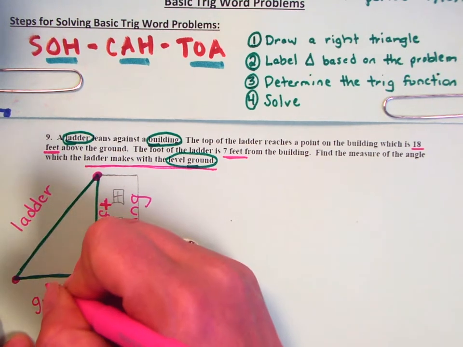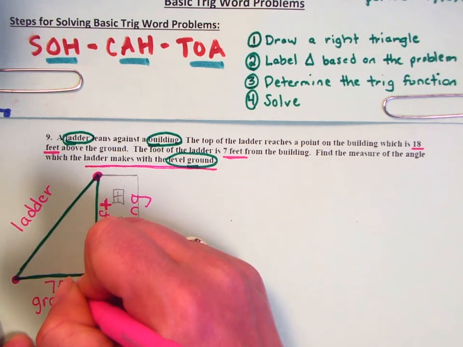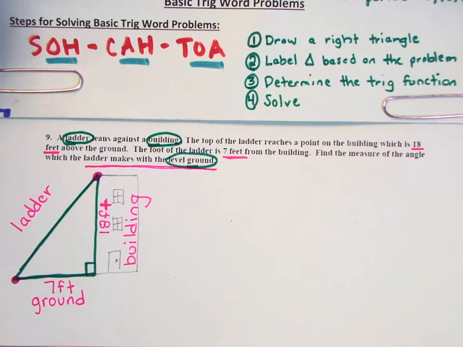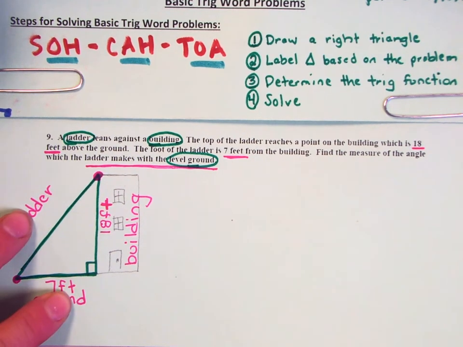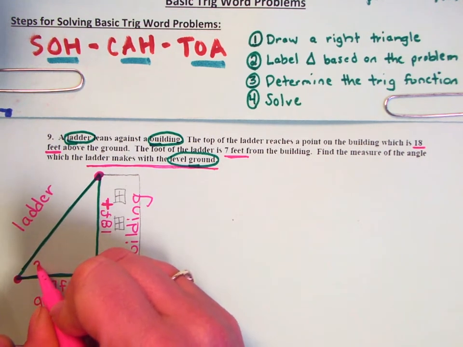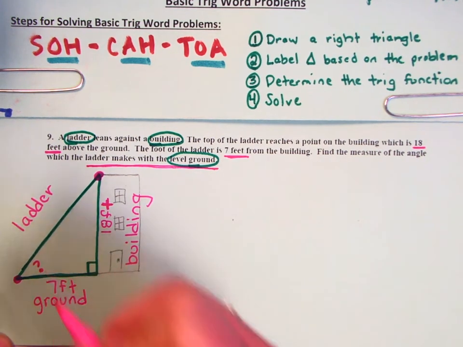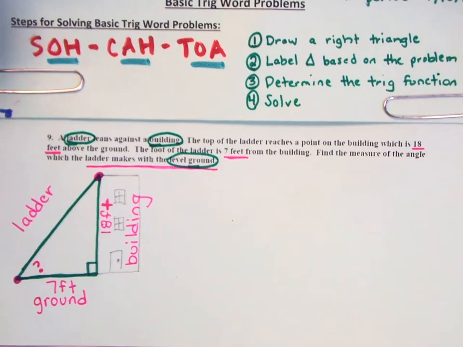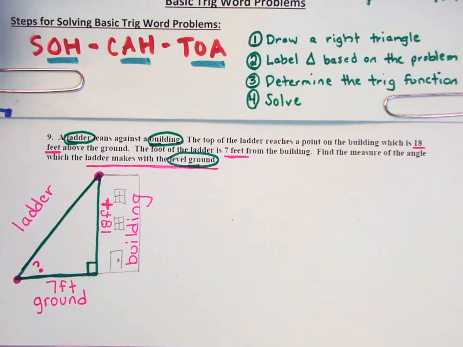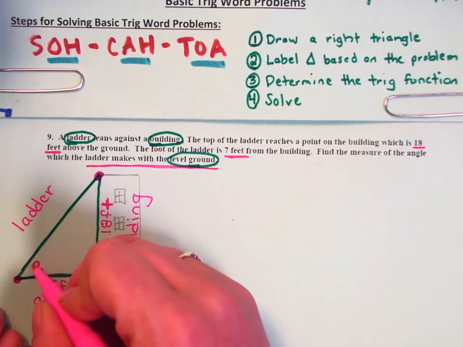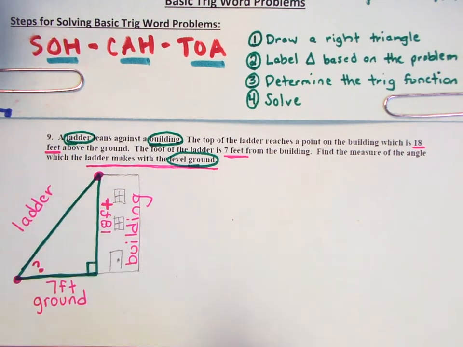The ground. Very good. Now, we need to find the measure of the angle which the ladder makes with the level ground. So the ladder with the ground, we want to know what angle it makes. As always, please raise your hand if you have a question. So we need to know what angle the ladder makes with the level ground.